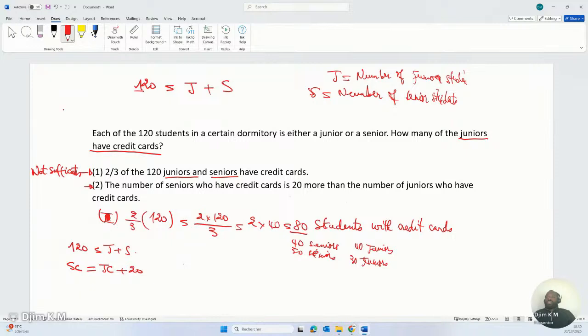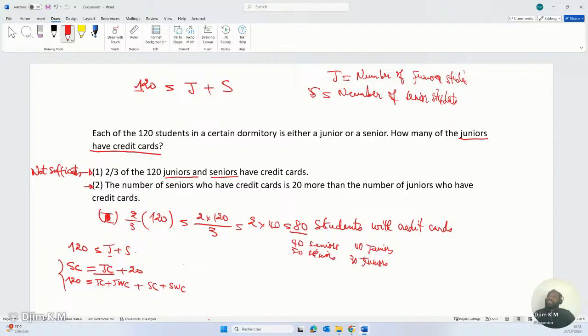And this here can also be written as 120 is equal to juniors with credit card and juniors without credit card plus seniors with credit card plus seniors without credit card. So we have a bunch of unknown values here.